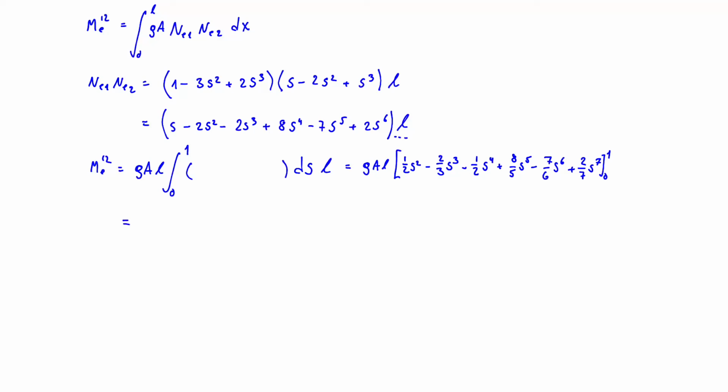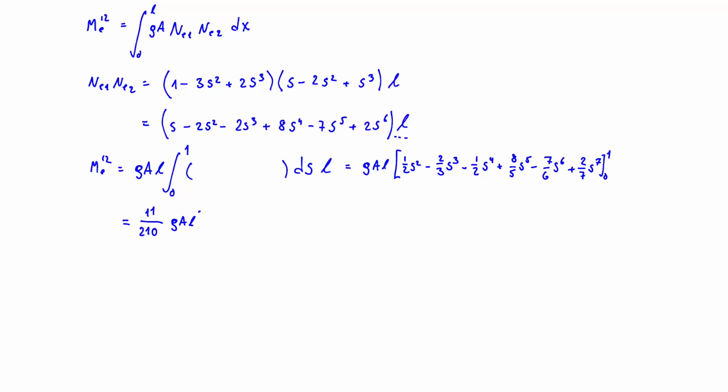If we add in the upper limit, all the s's will be equal to 1, independent of the power, and all the lower boundaries will make all the terms vanish. So that means it's 1/2 minus 2/3 minus 1/2 plus 8 over 5 minus 7 over 6 plus 2 over 7.